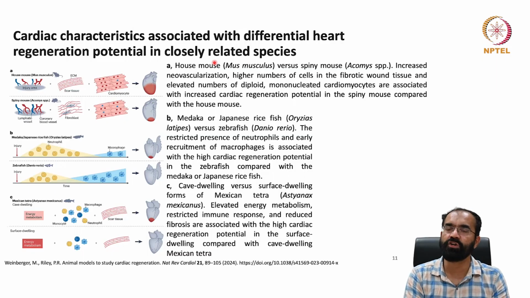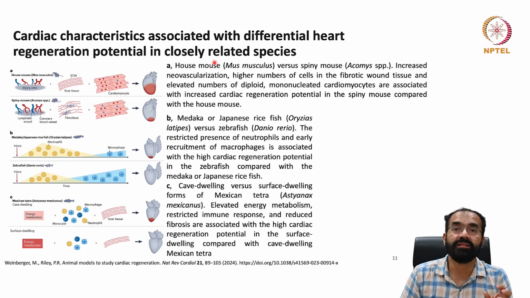Mammals, invariably the majority of them, neonatal and fetal, have the ability to regenerate, not the adult. Exception is the spiny mouse, which is of Acomys species. Whereas when it comes to fishes and frogs, nobody bothered to study regeneration ability of fetal or neonatal, but adults can regenerate. Exceptions are Medaka or maybe some cave dwelling forms of fish, etc.